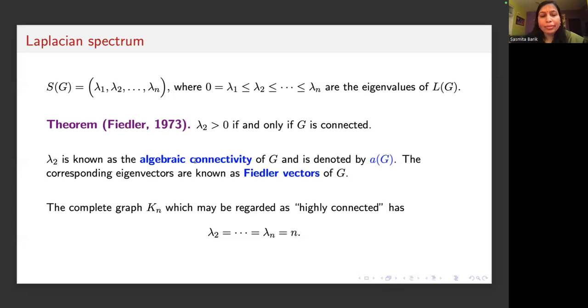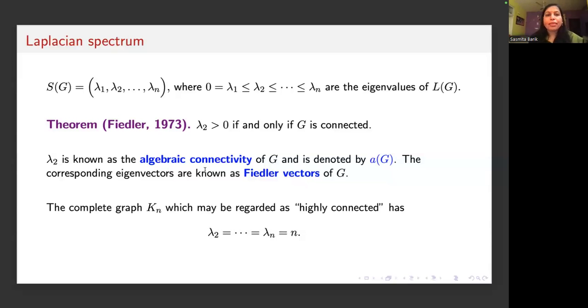This eigenvalue and its corresponding vectors, the Fiedler vectors, I'll maybe discuss in the second lecture. They are also related to graph structure. Obviously, as you know, the adjacency matrix is the first matrix that expresses the graph in terms of a matrix, and that was a natural one. The Laplacian matrix came later, but if you see the results and observations, the Laplacian matrix is more natural in the sense that it tells much about the graph structure.